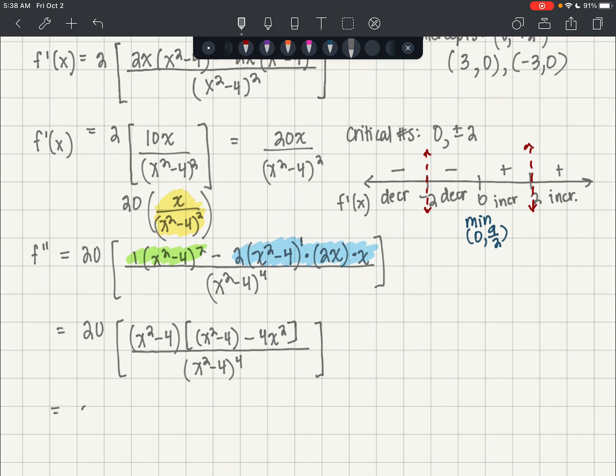So we have 20. This x squared minus 4 is going to cancel out with one of these, so that's going to bring that down to 3. And then we're going to have negative 3x squared minus 4 in the numerator over x squared minus 4 quantity cubed.